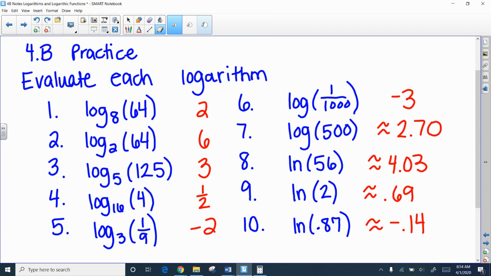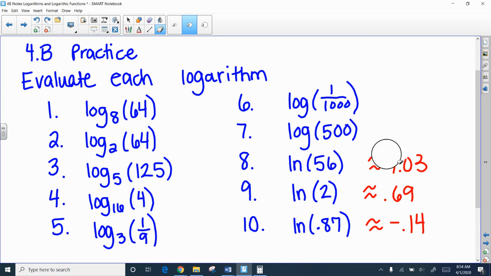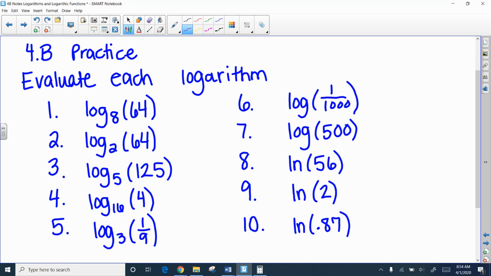So remember, when we are finding or evaluating a logarithm, that we are trying to find the power that the base needs to be raised to. Let's go through these. So 1 through 5, we have bases of 8, 2, 5, 16, and 3. We cannot do any of those on a calculator.